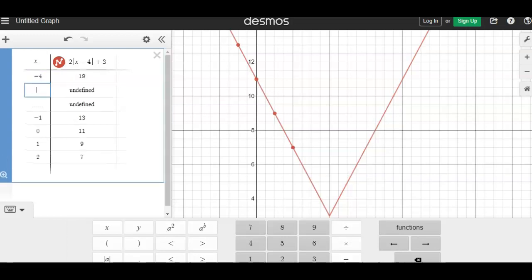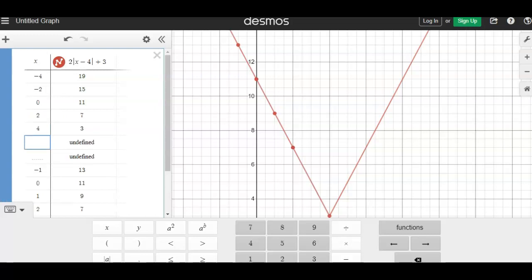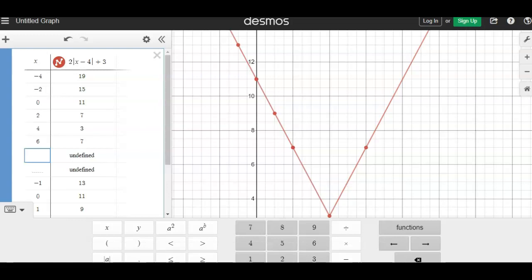So we'll do -4, -2, 0, 2, and 4. So if you notice, those are some pretty big numbers here. So maybe I need to put in an additional one. Maybe I put in 6 just to help me out here.